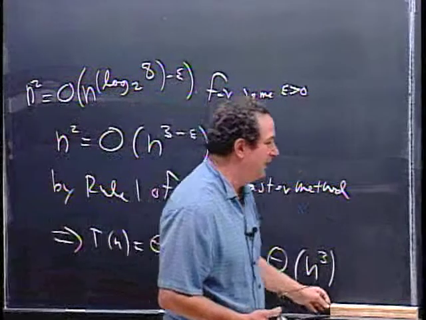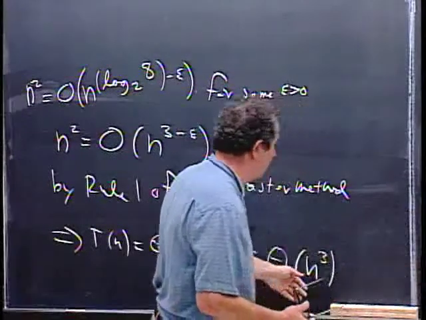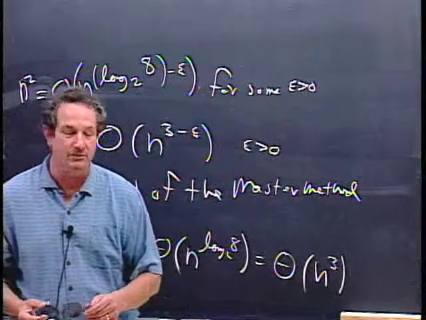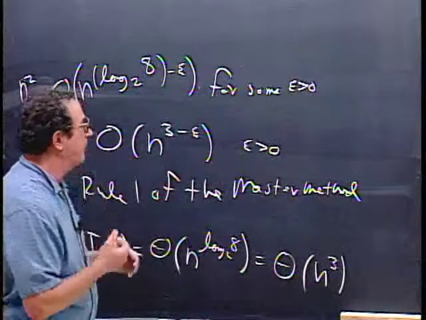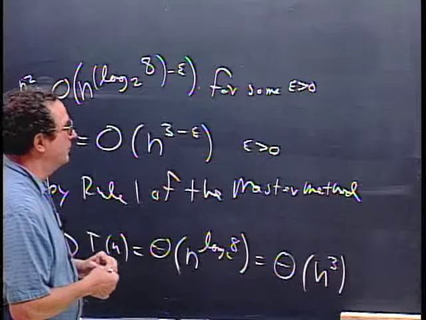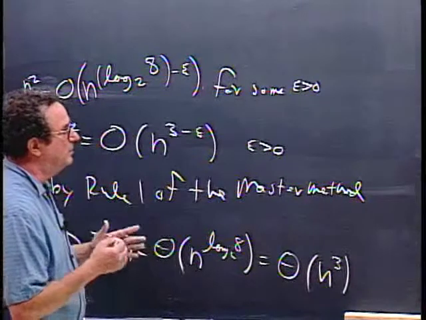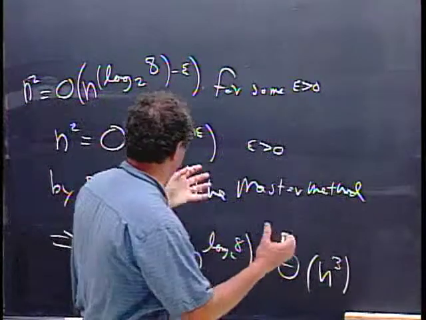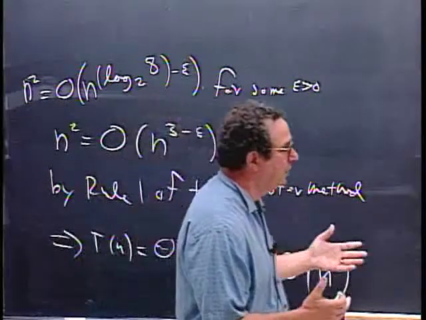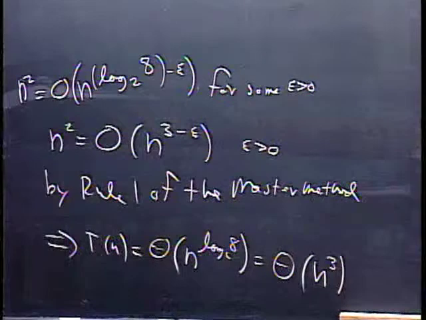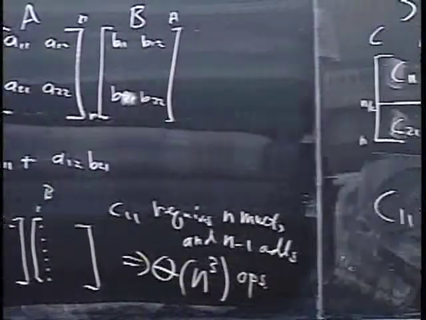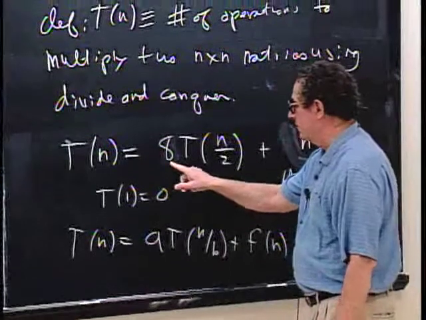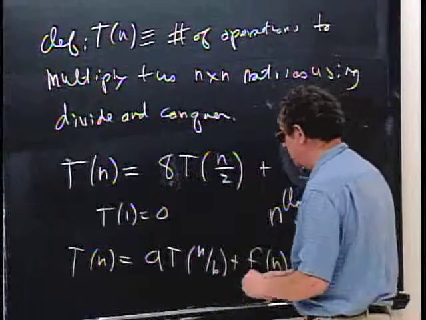We started out with n cubed, we're back to n cubed, so we obviously didn't do anything of importance. But what we did do is set up the framework and the analysis for what we will eventually do. Because what we really want to do is here, instead of this 8, what we want is 7.